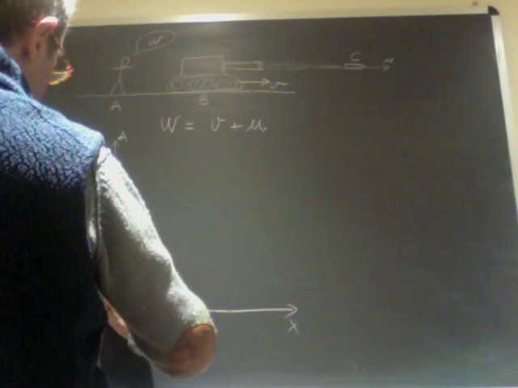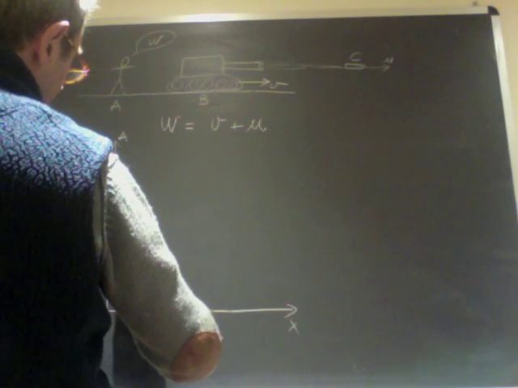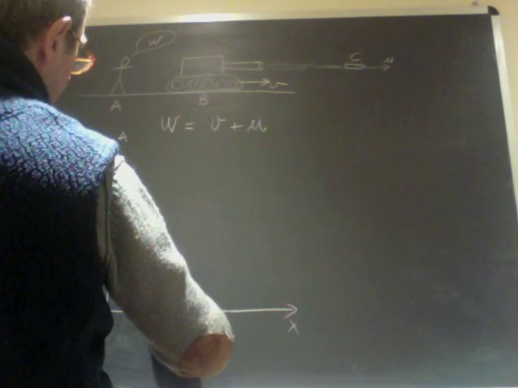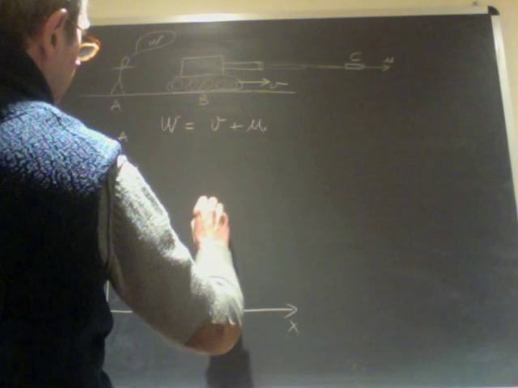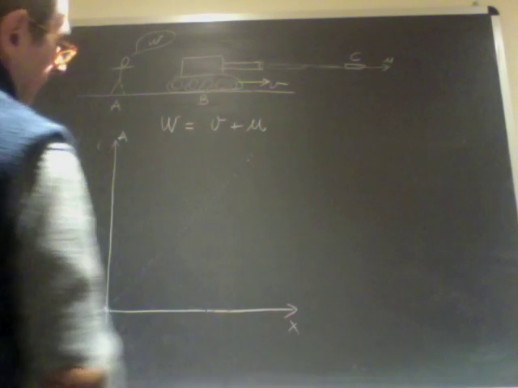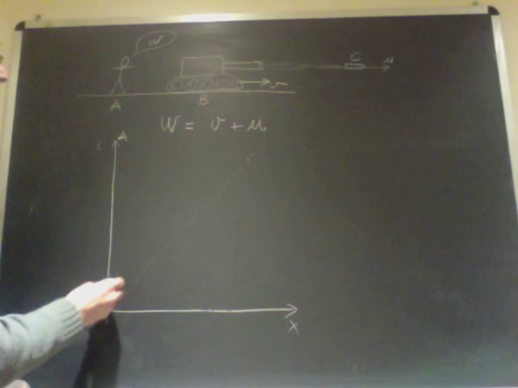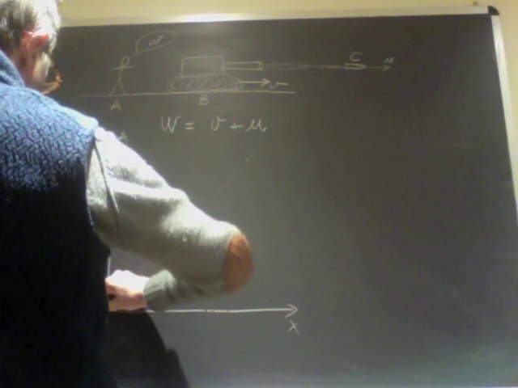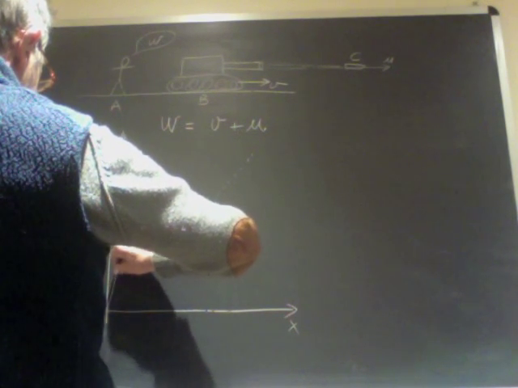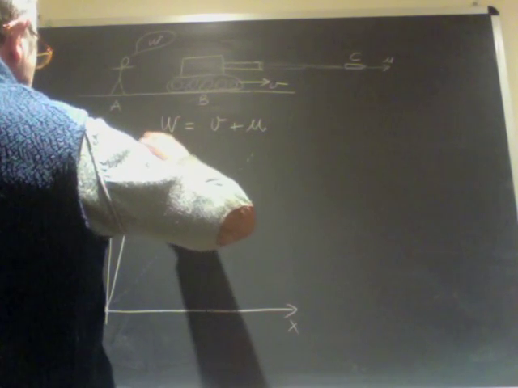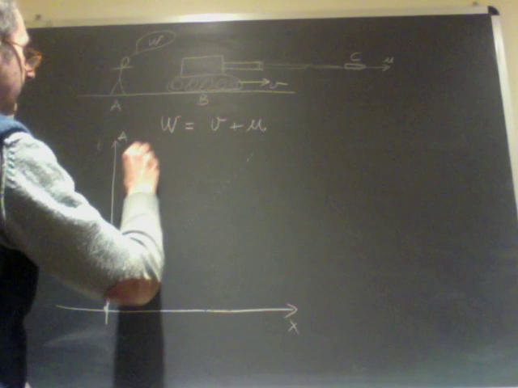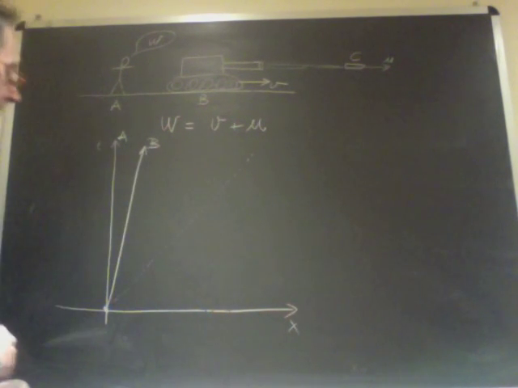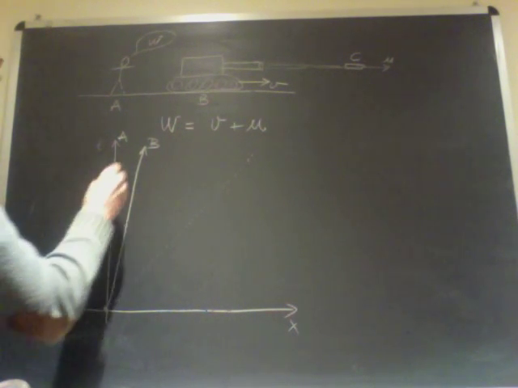Remember that the 45 degrees line just represents the speed of light. So the tank moves with the velocity v, and this is the tank. Then what happens?